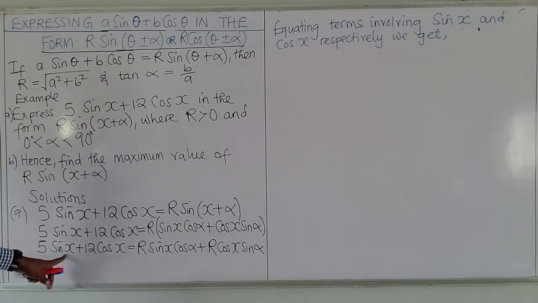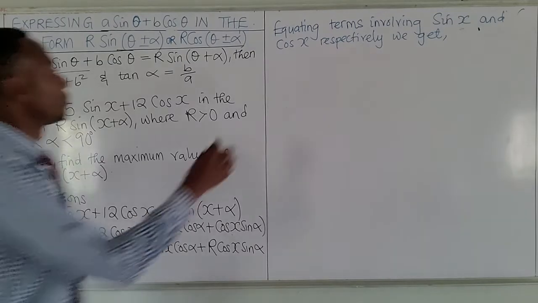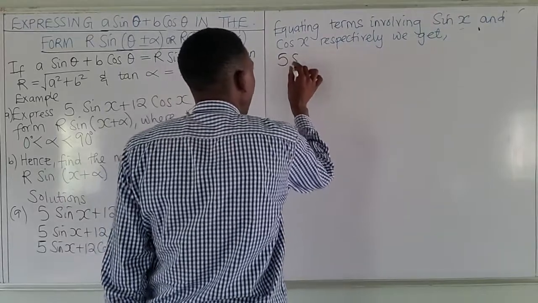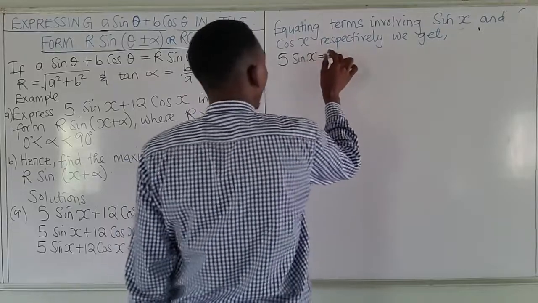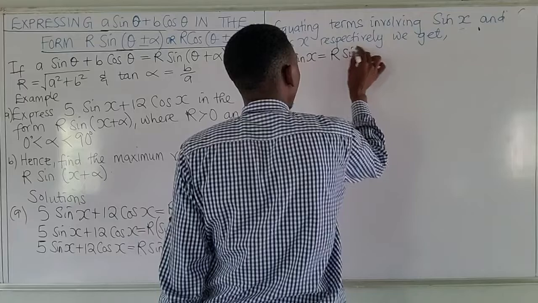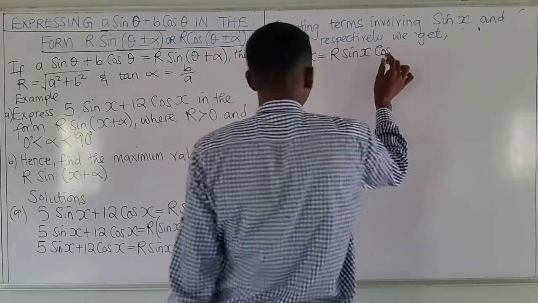So 5 sine x is equal to r sine x cos alpha.